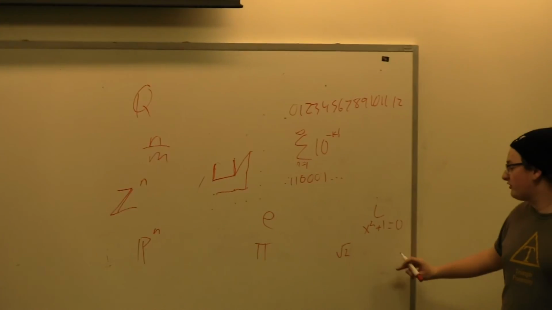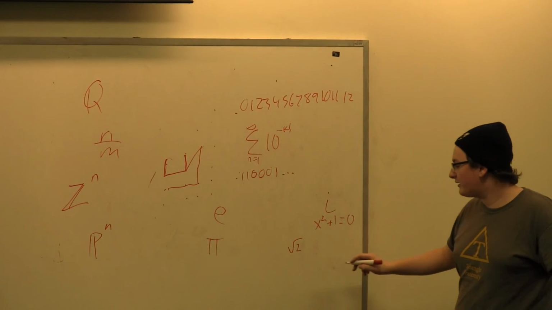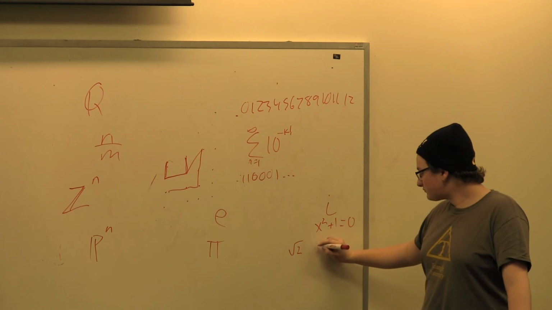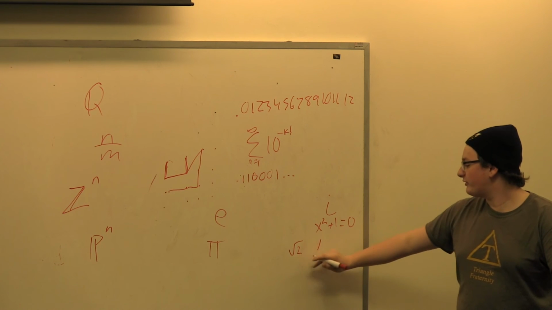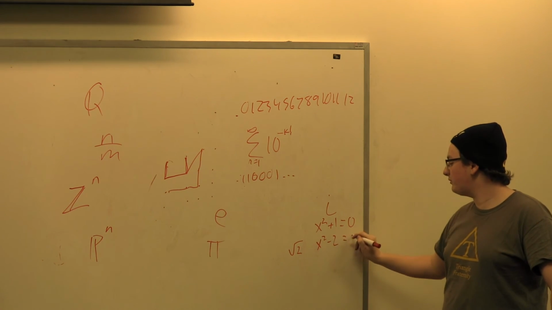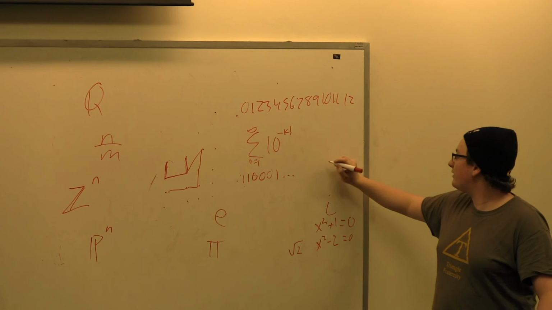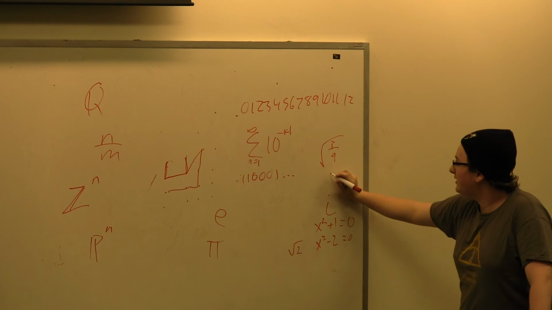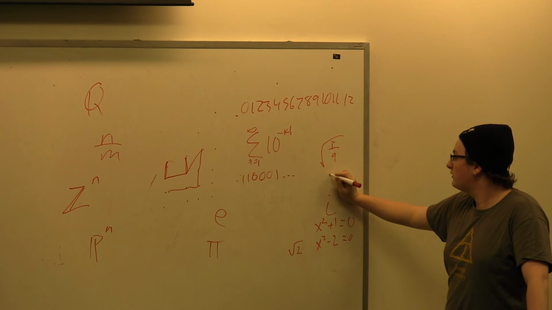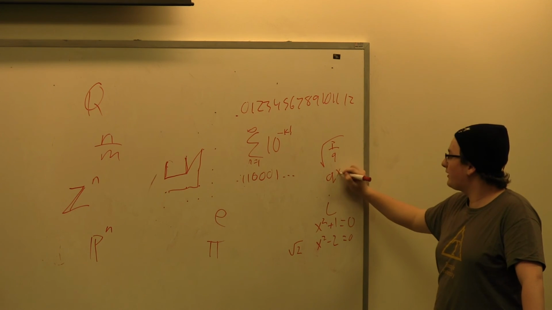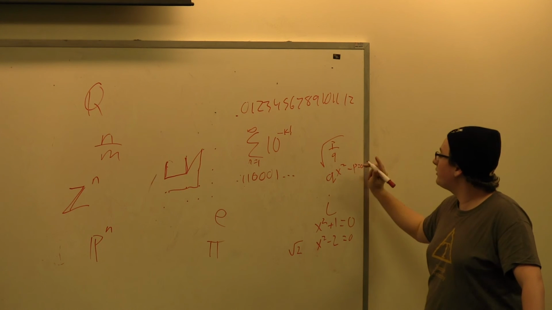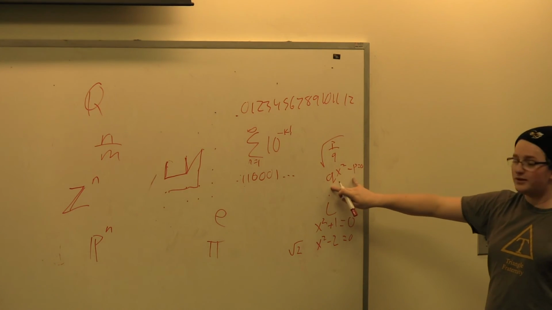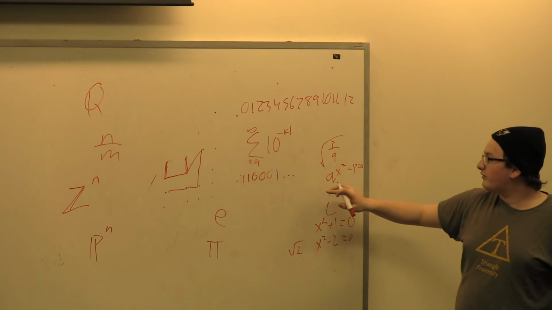Because just the square root as the obvious example, for square root 2, I can write x squared minus 2 equals 0. For the root of any rational number p over q, I can always say that would be q x squared minus p equals 0, and because this is a rational number, p and q are integers. So, yeah.